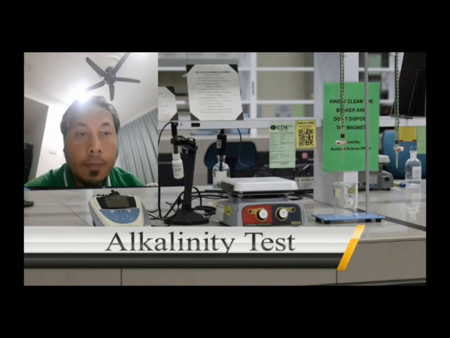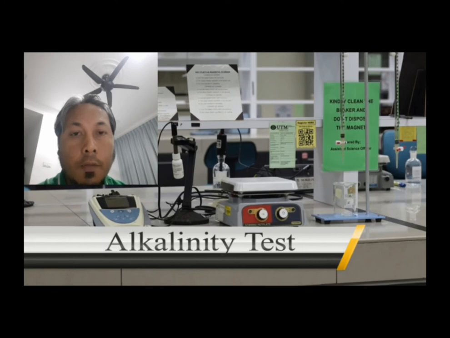Alkalinity test. The alkalinity of water is a measure of its capacity to neutralize acids. The alkalinity of natural waters is due primarily to the salts of weak acids, although weak or strong bases may also contribute.